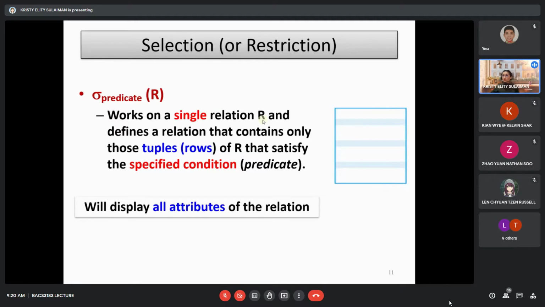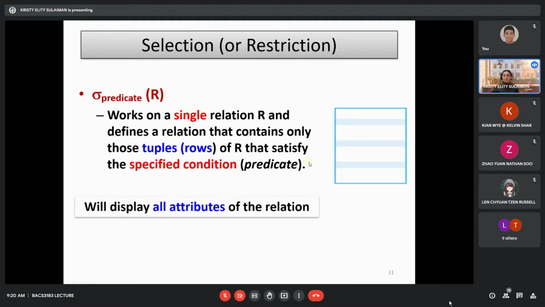This operation will only define a relation that contains the rows or tuples of this table that satisfy the stated predicate. The result will be all attributes of the relation that satisfy the specified condition.